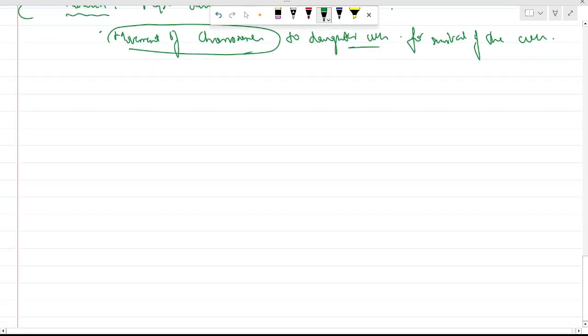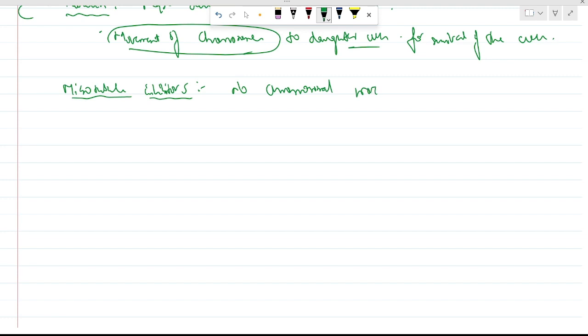So we have seen these three microtubule proteins. Now we have some microtubule inhibitors for treatment purposes, in pharmacology. These microtubule inhibitors cause no chromosomal movement. As the tubulin protein is involved in the movement of chromosomes, these microtubule inhibitors cause no chromosomal movement.